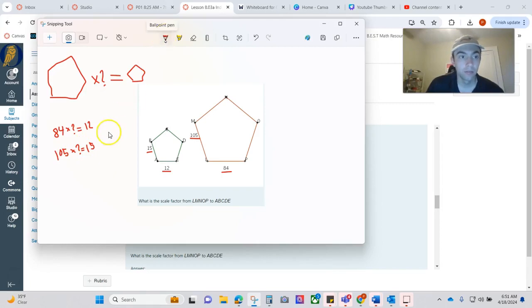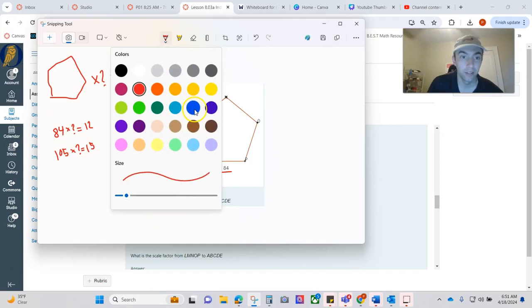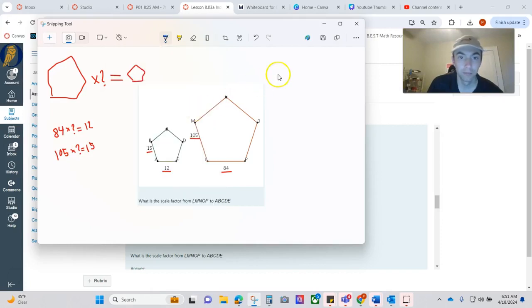Now, let's solve this scale factor, this question mark, one math sentence at a time. 84 times what is 12? Ooh, I'm having a rough time just thinking that. So let's use inverse operations to solve this math problem.